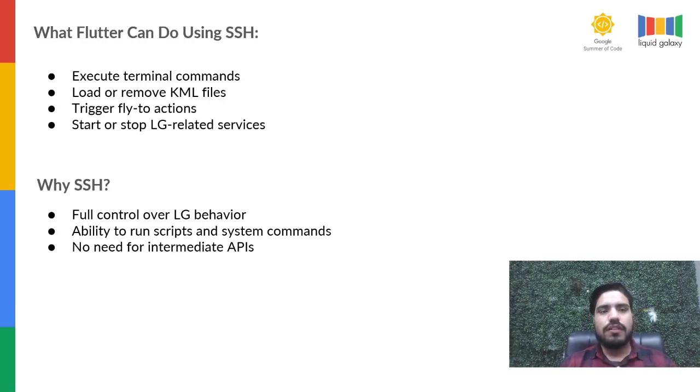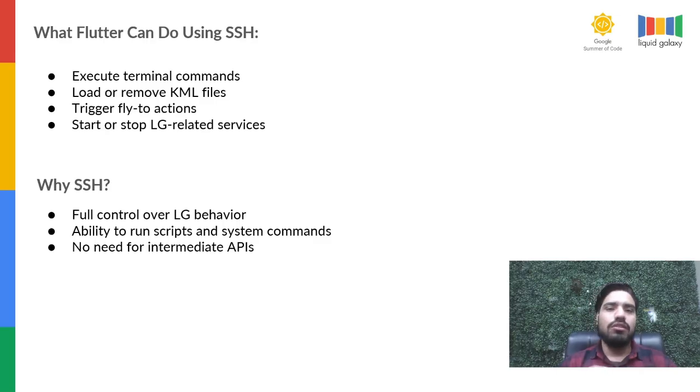So let's know why Flutter uses SSH. Means why we use SSH communication for executing commands on the Liquid Galaxy side. Because with the help of SSH we directly execute commands on the terminal.